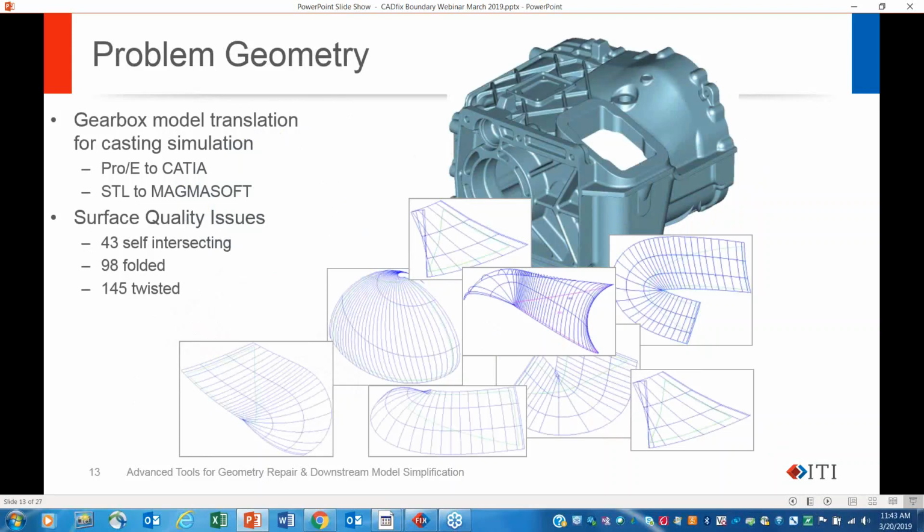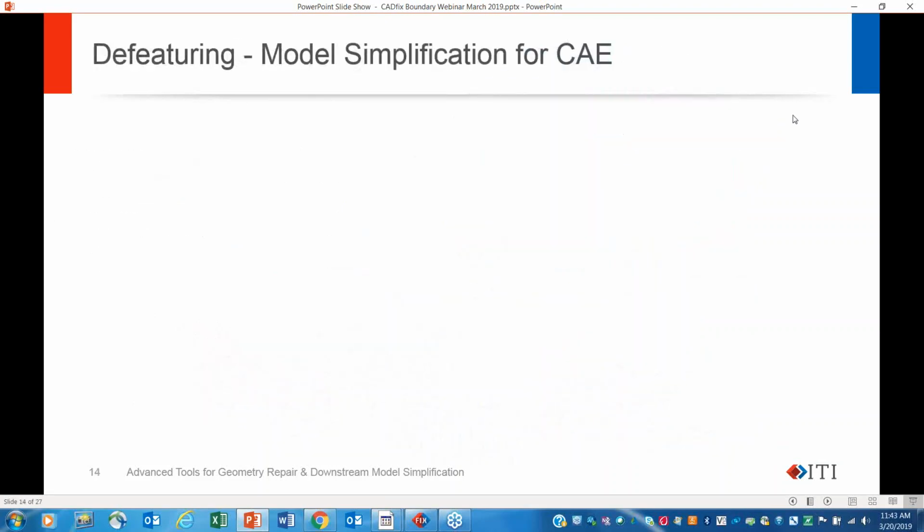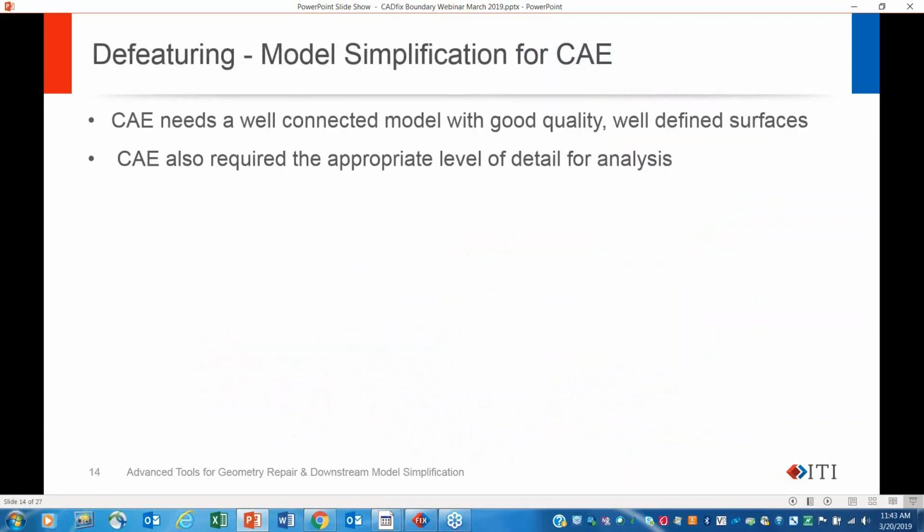And the fixes are automatic. So again, once you see those problems in the list, the link to them really attempts to fix all of the problem surfaces. So if you have 40 self-intersecting surfaces, the fix is going to go through and attempt to fix all 40 of those in one shot. So that's model, repair, healing, and translation.